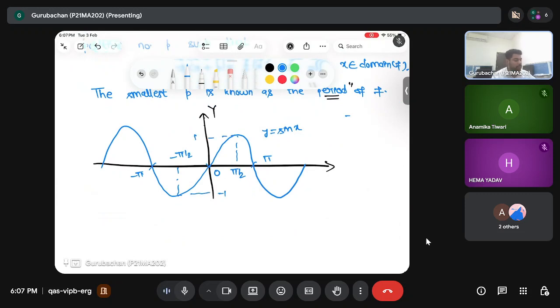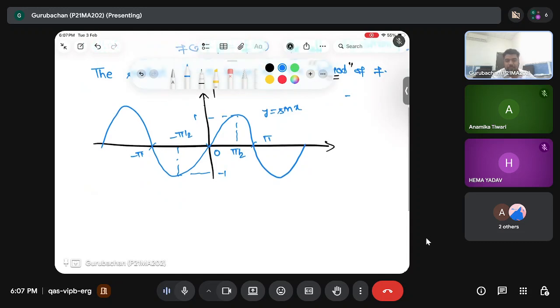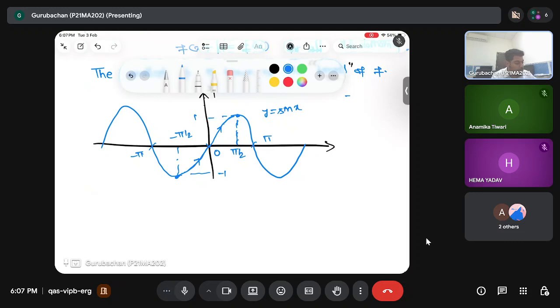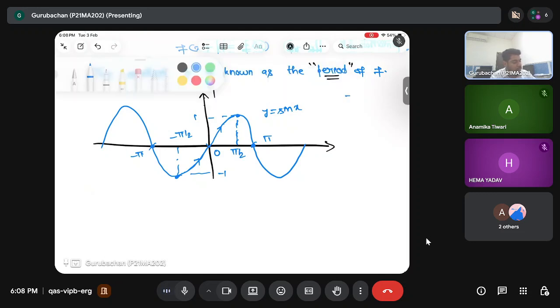If you observe that after this pi by 2, here it's starting from minus 1 and it goes to 0, and after that 0 to 1. But after 1 it's going again to 0 and minus 1.